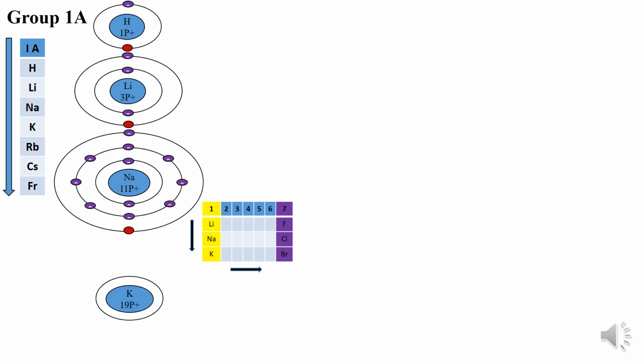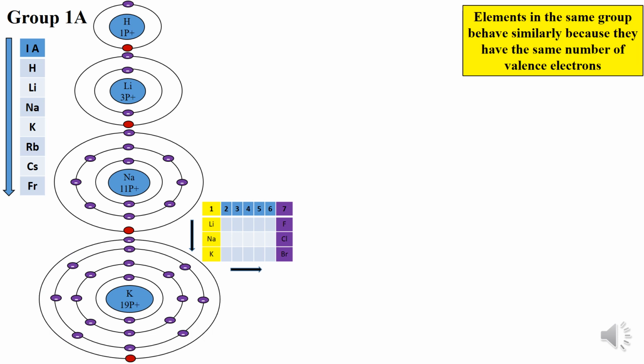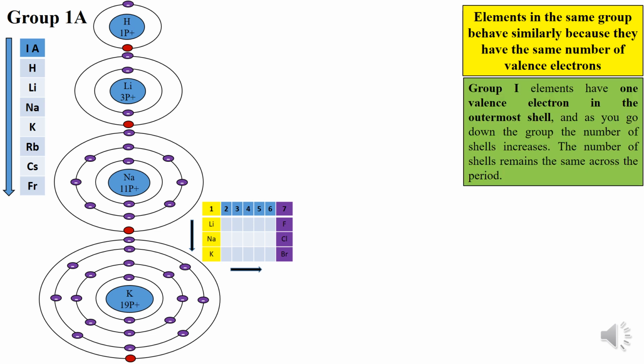So hydrogen has 1 electron, lithium has 1 electron, sodium has 1 electron and potassium has 1 electron in the outermost shell. So elements of group 1 behave similarly because they have the same number of valence electrons. They have only 1 electron in the outermost shell.